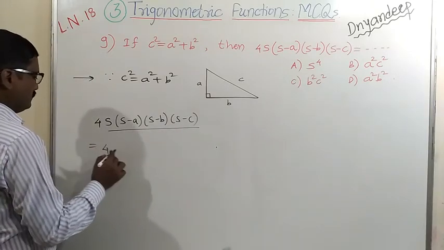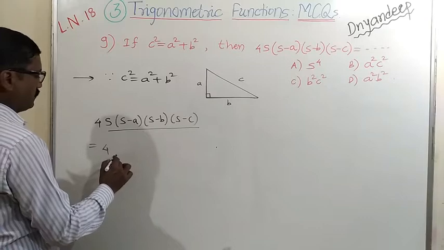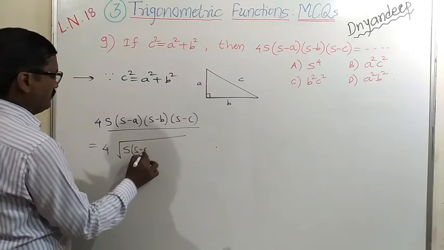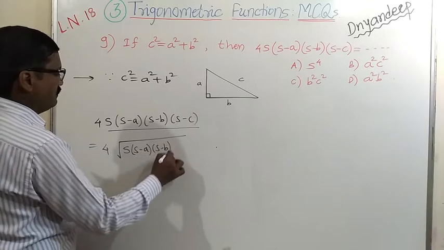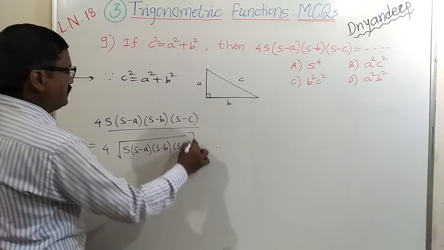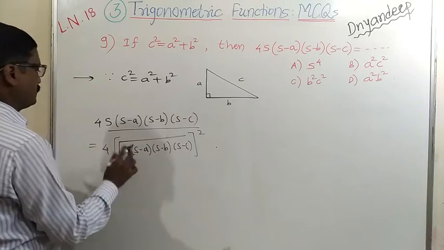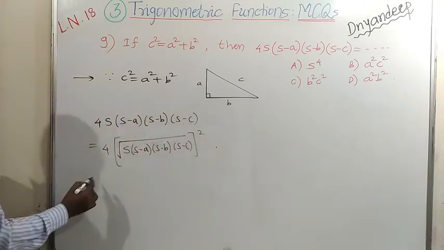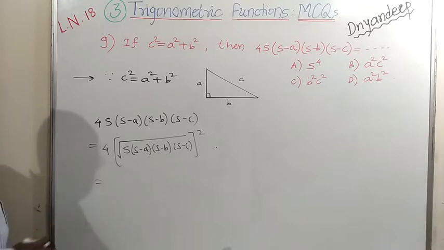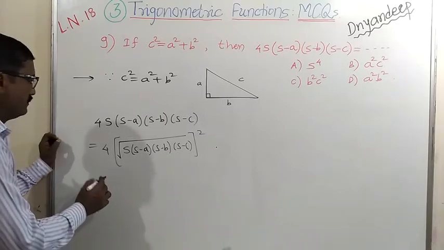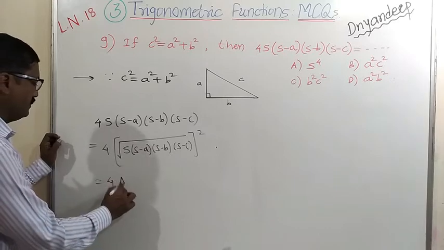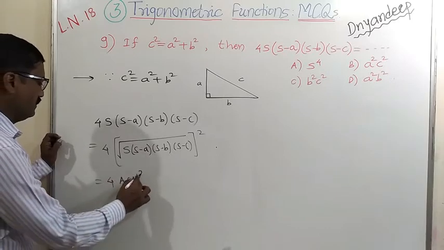Therefore, we can write this as 4 into root of s into s minus a, s minus b, s minus c, its square, so that we get the same given thing. So it is equal to 4 into the area of triangle squared.